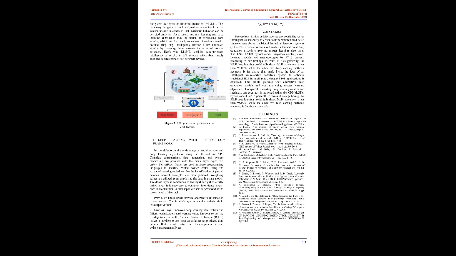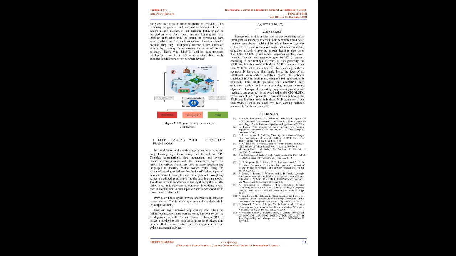The capacity to track Internet of Things, IoT, devices might aid in the prevention of zero-day attacks. Machine learning and deep learning classify how IoT components and devices interact with one another in the IoT ecosystem as normal or abnormal behavior. ML/DL data may be gathered and analyzed to determine how the system usually interacts so that malicious behavior can be detected early on.